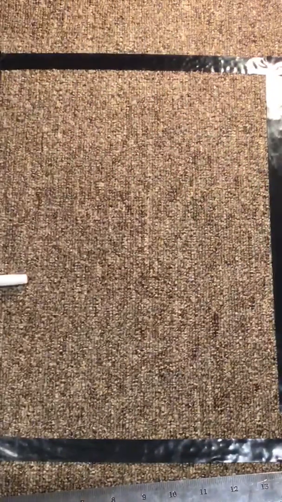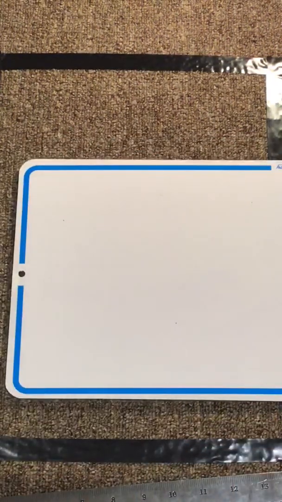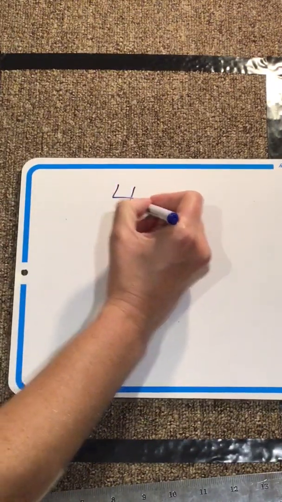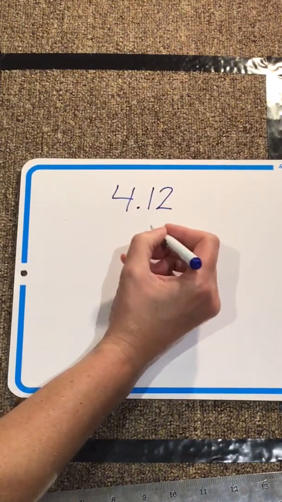Okay, so we have been adding and subtracting decimals by first lining up the decimal points and then adding or subtracting. We could take a number like 4.12 and the next number was 2.37.